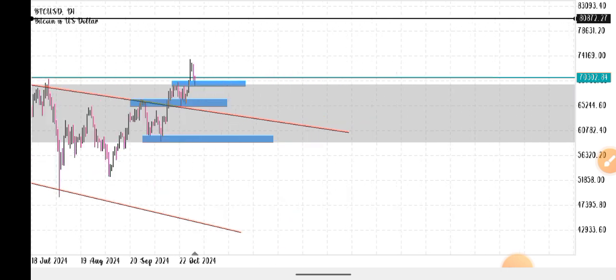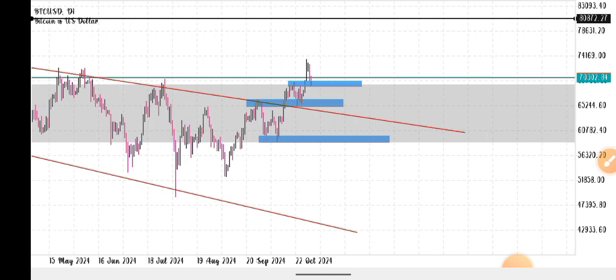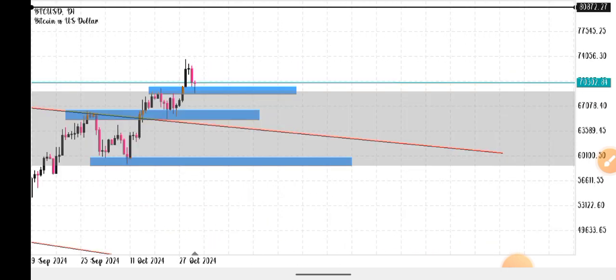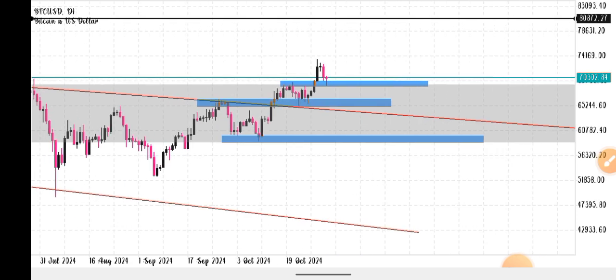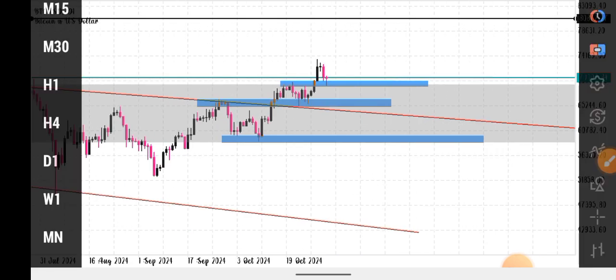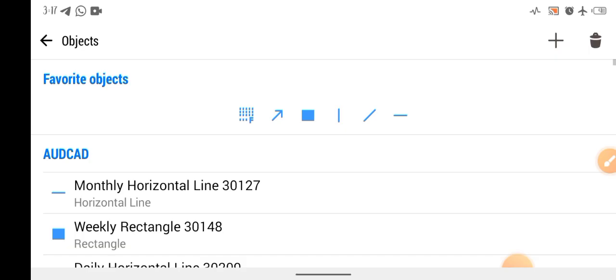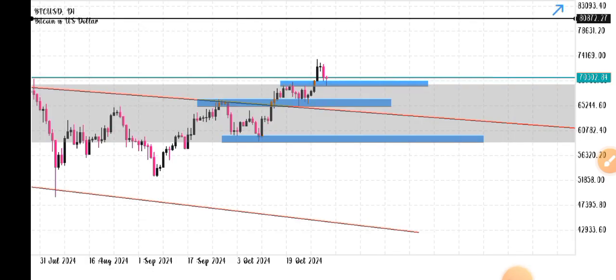This is my daily time frame, guys. So these are the zones that price might come to. These are the places that price might come to before going upwards. Price would either take off from here to 80,000, of which I doubt.